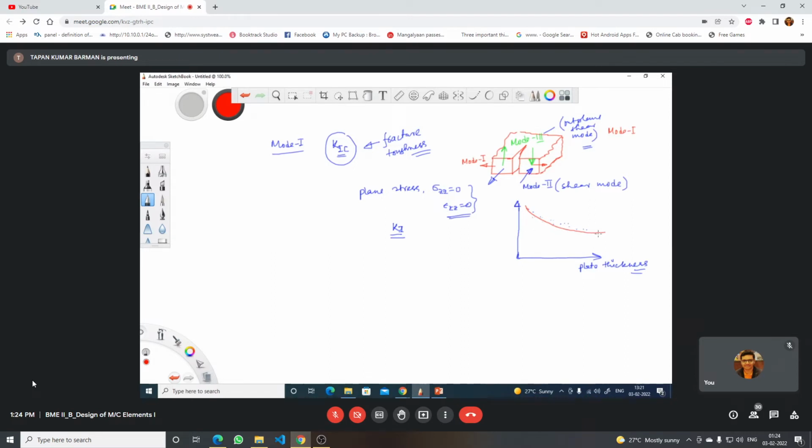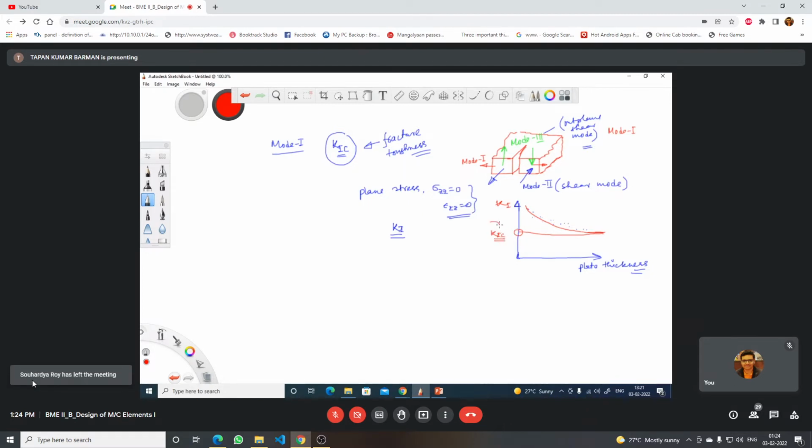Now below this, if I increase the plate thickness, even then this K1 value will not change depending on the plate thickness. So this value is basically the critical value of stress intensity factor in mode 1.